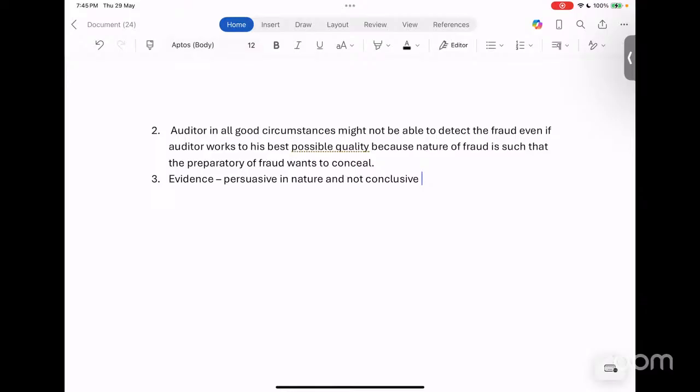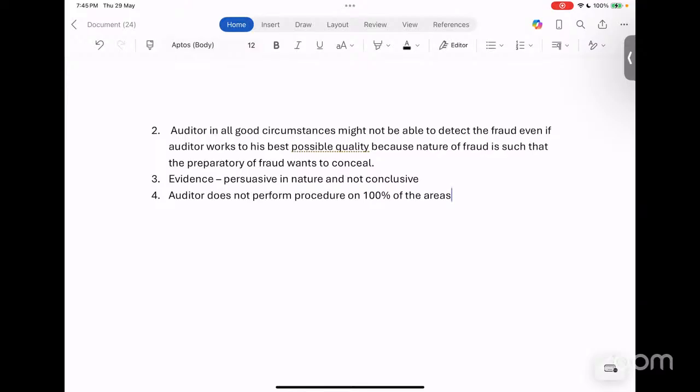Then the auditor does not perform procedures on 100% of the areas.